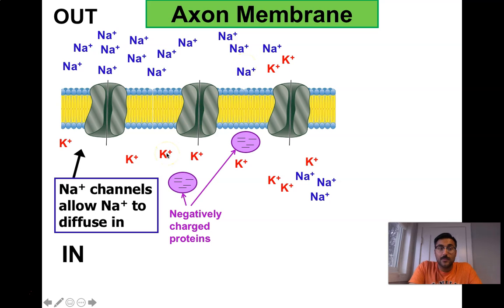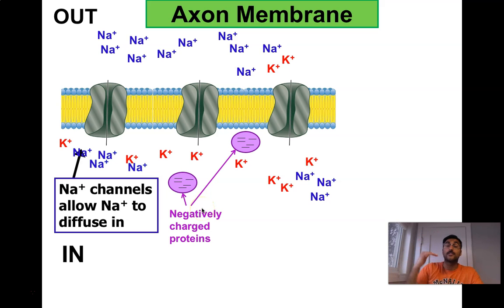Now, during an action potential, sodium channels are going to open, and that's going to allow sodium from the outside to diffuse inside the membrane. So there's the sodium coming in. As the sodium concentration increases inside of the axon, the charge difference begins to decrease. We start becoming more positive than negative 70 millivolts.